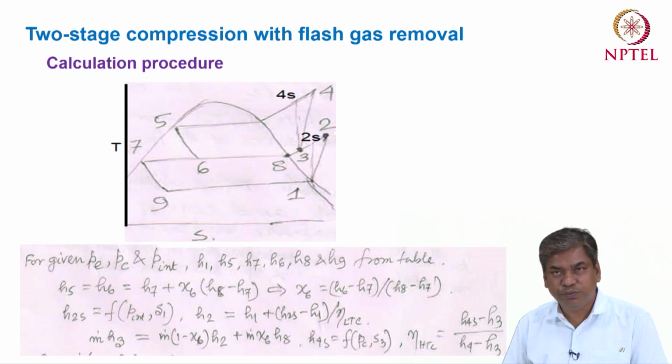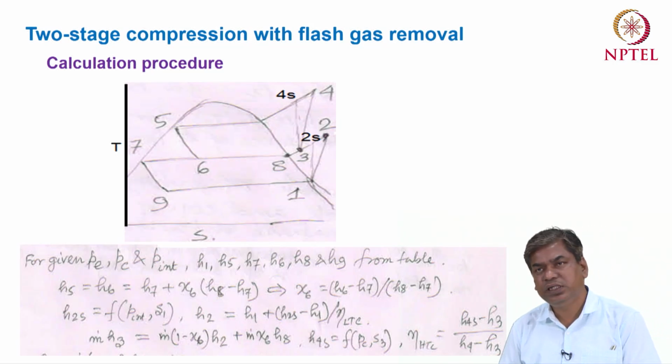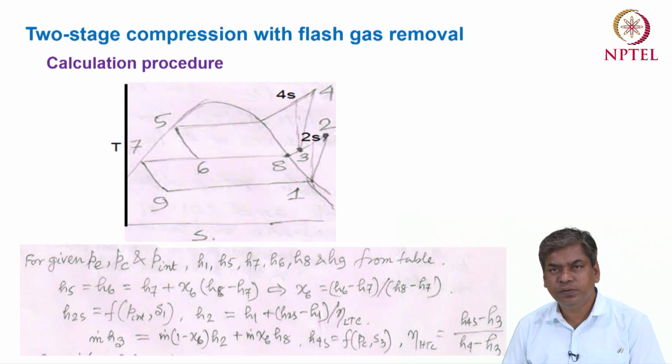So in this diagram, the temperature-entropy diagram for this cycle, we can see that if the three pressures are given, one is the evaporator pressure, other is the condenser pressure, and third is the intermediate pressure, then points 1 and 8 both are basically the saturated vapor point. Okay, so 1 is the saturated vapor at the evaporator pressure, and 8 is the saturated vapor at the intermediate pressure.